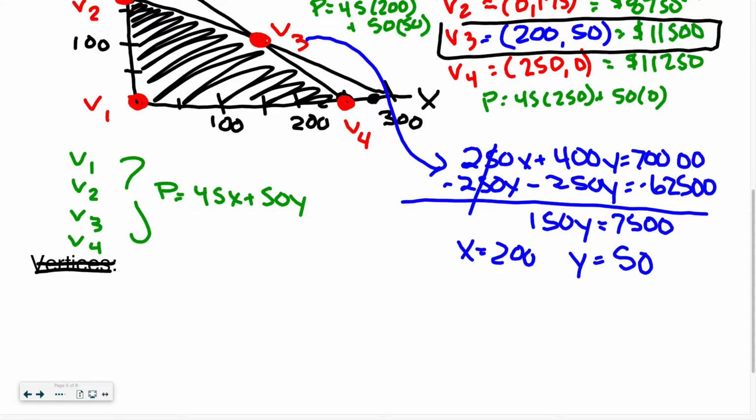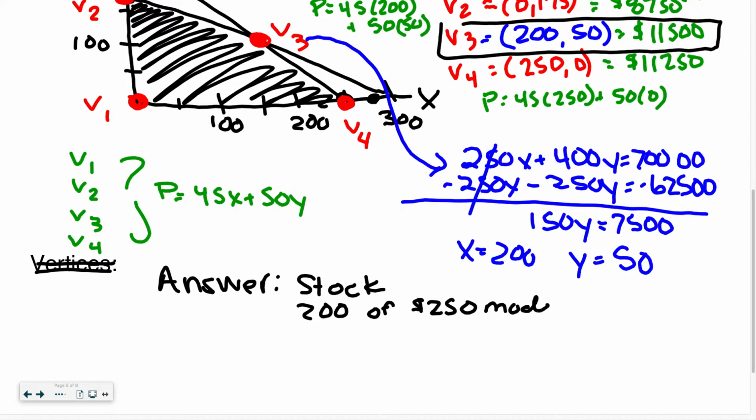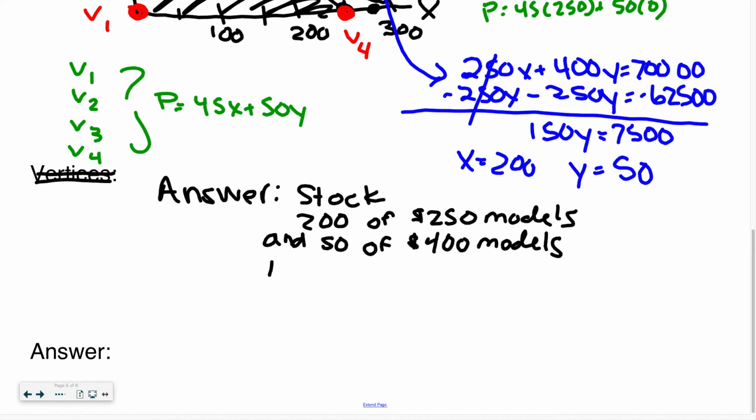So my answer is stock 200 of the 250 models and 50 of the 400 models to maximize profit. And if you were asked, the max profit is $11,500.